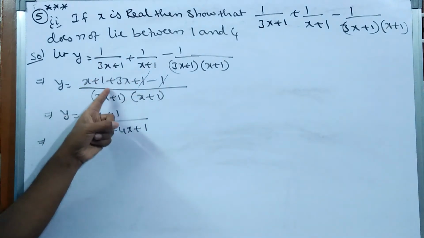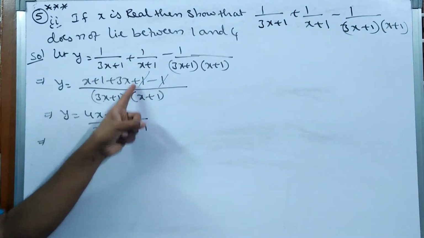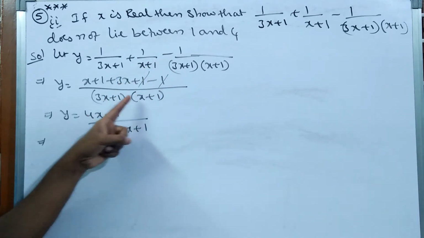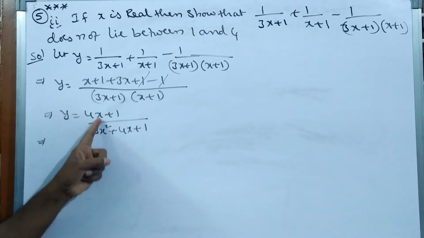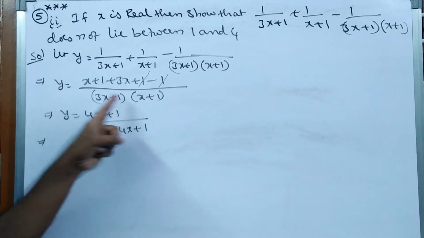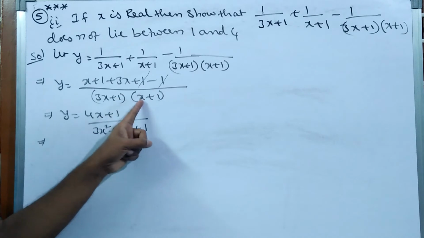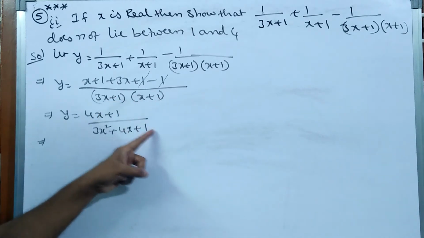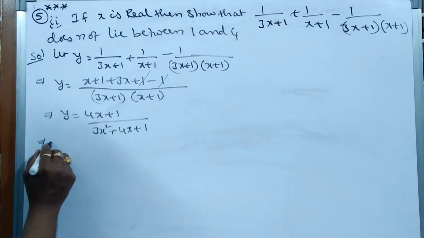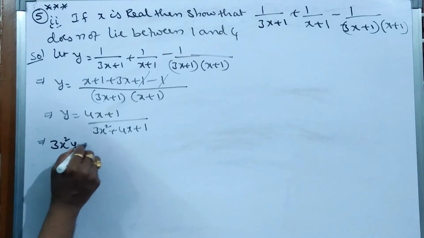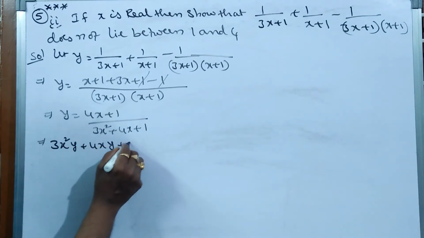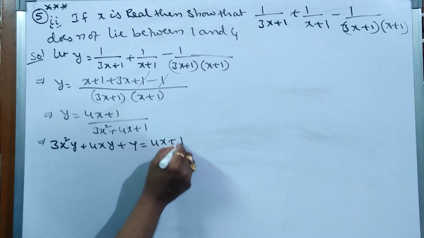Here we will get x plus 1 plus 3x plus 1 minus 1, and plus 1 minus 1 gets cancelled. x plus 3x is 4x plus 1, by, expand this: 3x into x is 3x square, plus 3x plus x, plus 1 into 1 is 1. Now take cross multiplication: 3x square y plus 4xy plus y is equal to 4x plus 1.